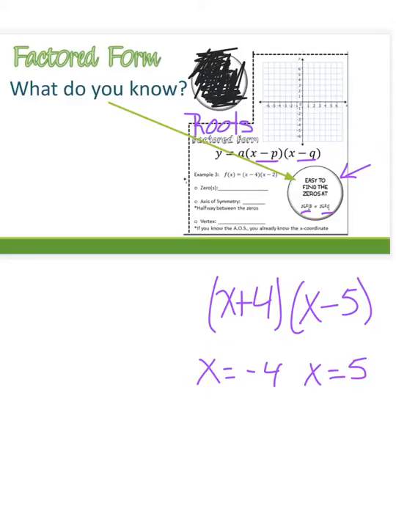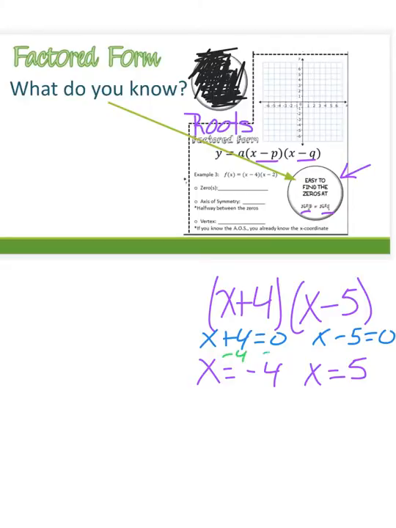And the reason is I'm setting each of these factors equal to 0. So, sorry, that's a minus, equals 0.